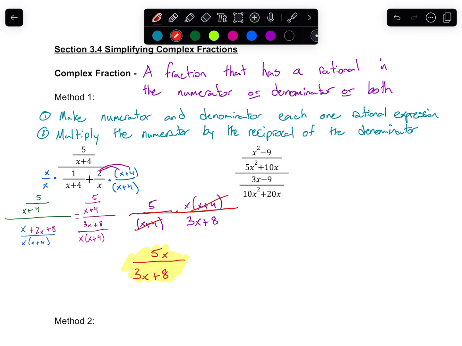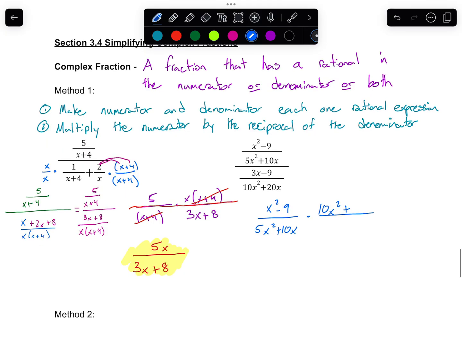Okay, sometimes we'll be given rational over rational right off the bat. So I can just rewrite this complex fraction to be x squared minus 9 over 5x squared plus 10x times 10x squared plus 2x over 3x minus 9.